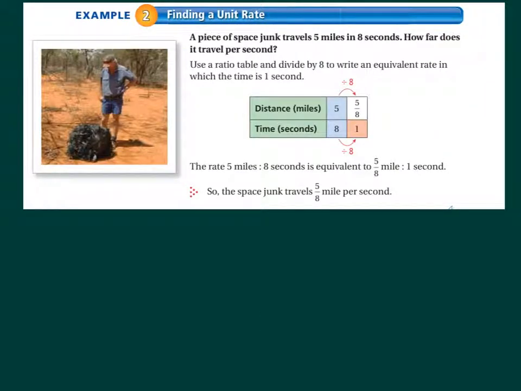Example 2 is you finding a unit rate. So again, what you want to have happen is your denominator needs to be 1. Generally, it's okay if we put these as decimals because that's what we're a little more used to. If our rate is 5 miles over 8 seconds, we tend to put the labels on these. If I want my denominator to be 1, I go ahead and divide.